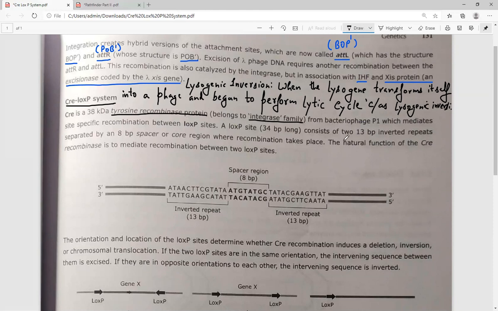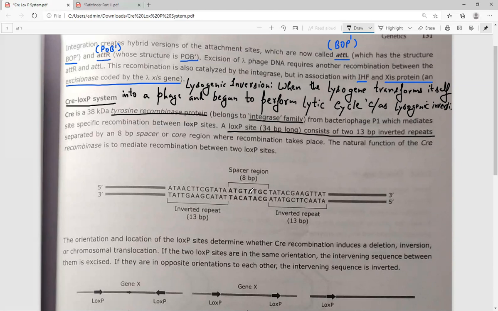Okay, this is a type of system in which a loxP site, 34 base pair long, consists of 13 base pair inverted repeat sequences. There is a site that is referred to as the loxP site. And this loxP site consists of 13 base pair inverted sequences, and the centrally present sequence.